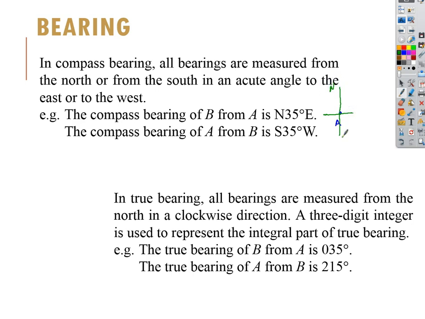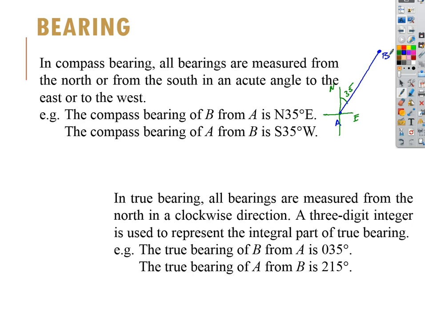North 35 degrees east. But which way is east? Never eat, right? Okay, so east is here. I start at north and come over 35 degrees. Then I draw a straight line up to here, and there is B. That's how I do the first one.